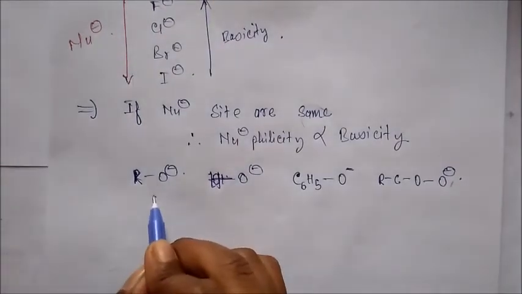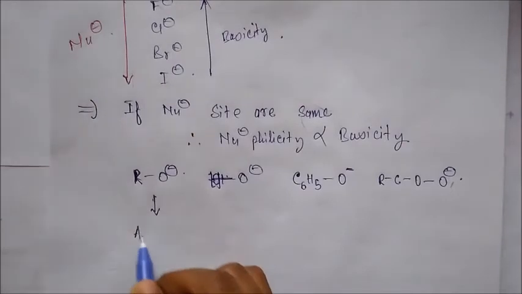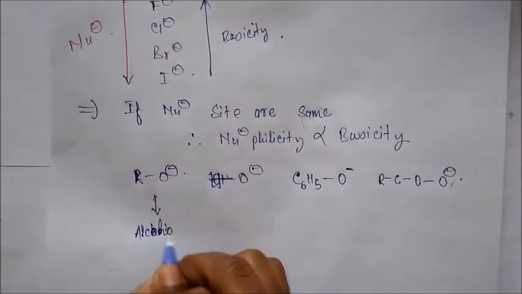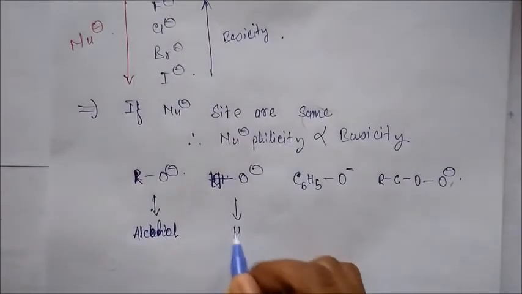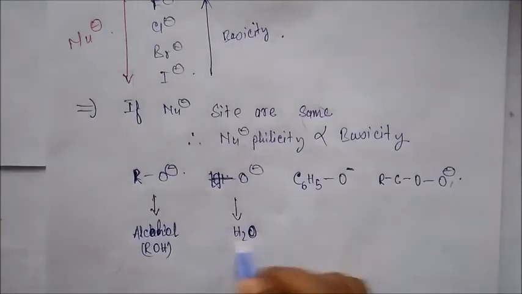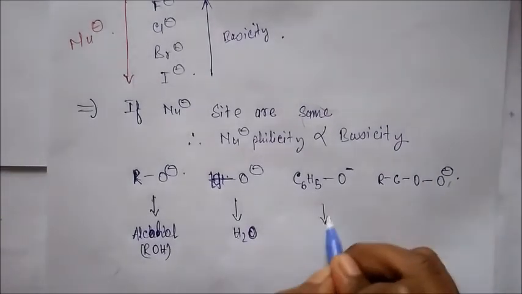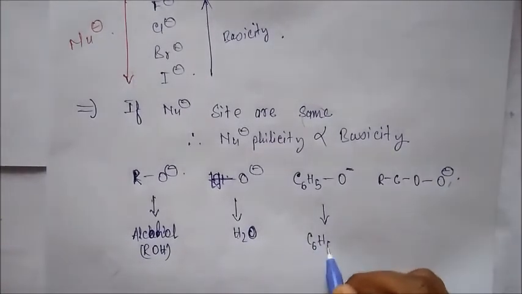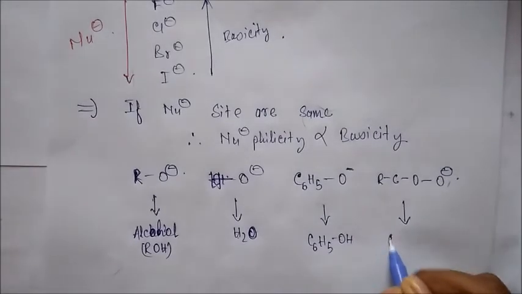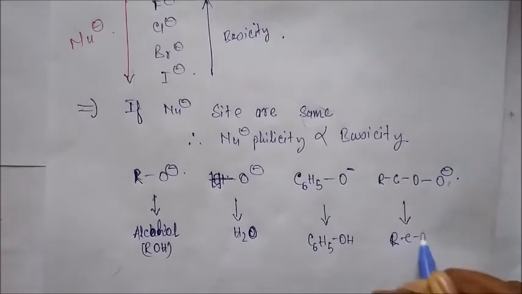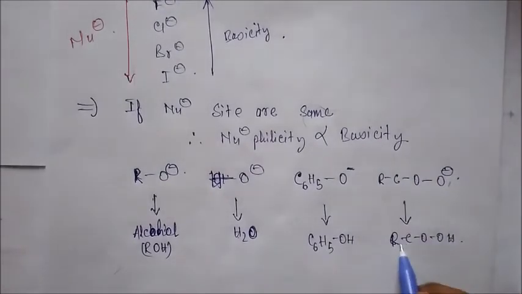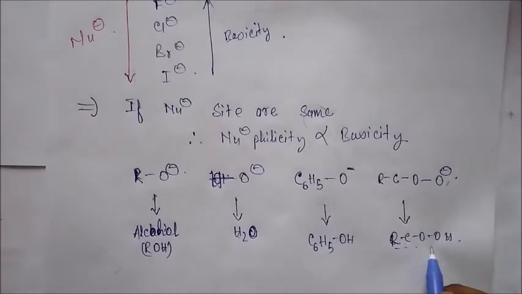If we notice here, this is a part of alcohol, this is a part of water, this is ROH, this is water, this is part of phenol, and this is a part of carboxylic acid, RCOOH. We know that acetic acid is the most acidic.